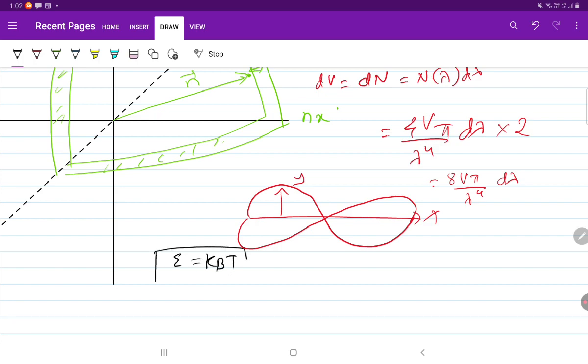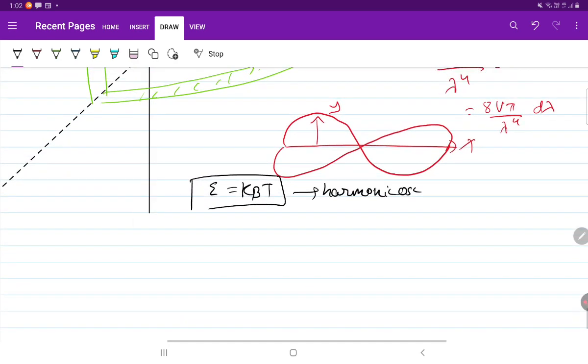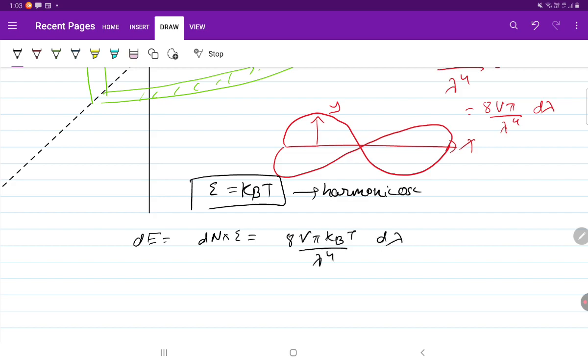This is the energy for a harmonic oscillator. So I can write dE = dN × ε, which will come out to be 8πV kBT/λ⁴ dλ. So the energy confined in this region will be 8πV kBT/λ⁴ dλ.